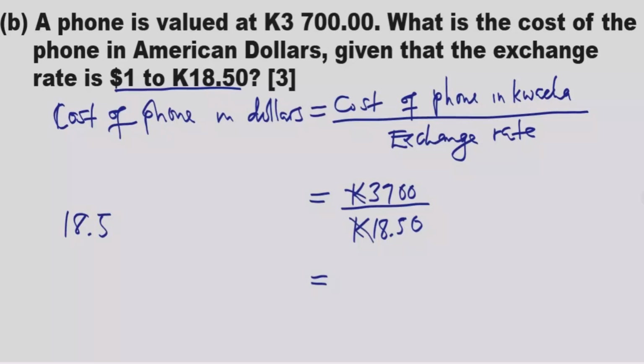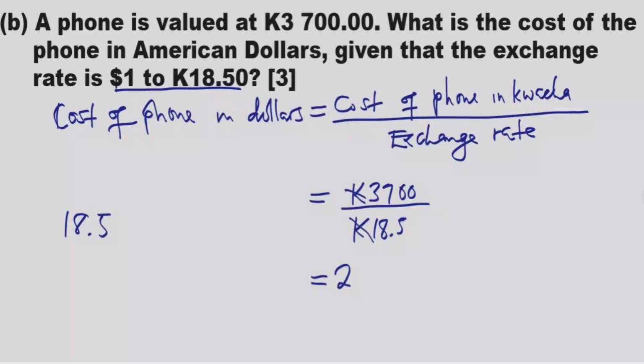We can easily remove this 0. 18.50 is still the same. You see that? So when we say 18.5 into 37, how many times will 18.5 go into 37? It will go 2 times.